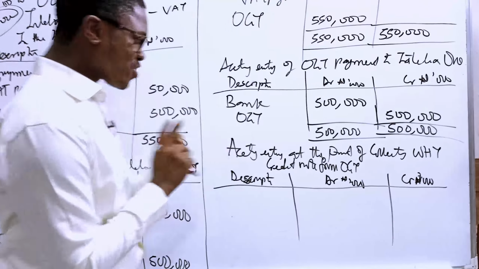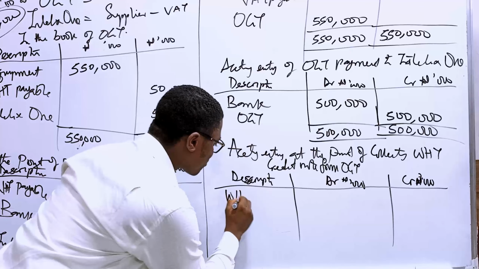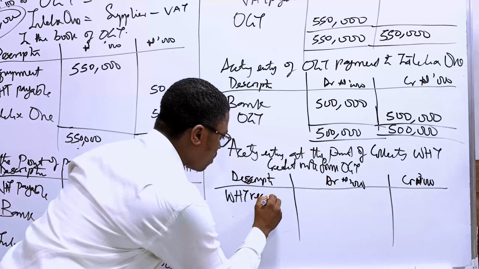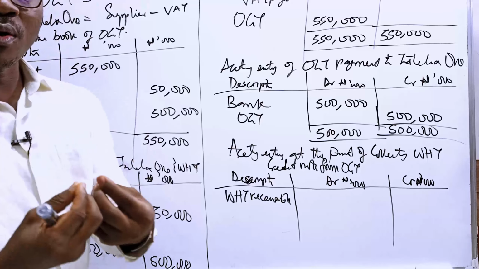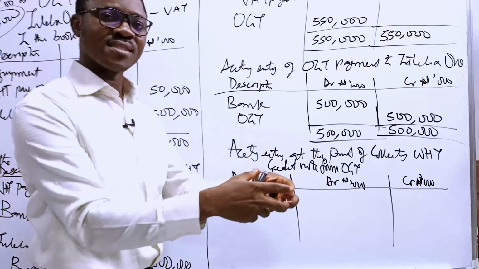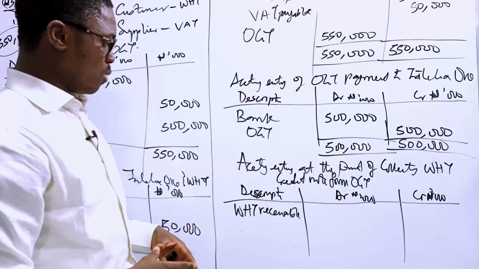The accounting entry at that point would be to debit withholding tax receivable, because at that point, OGT has remitted the withholding tax to the revenue on behalf of Intellix One.